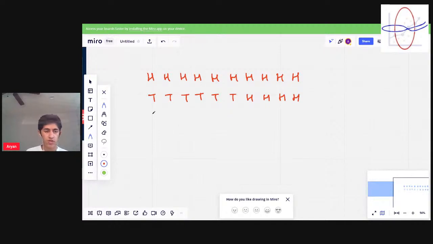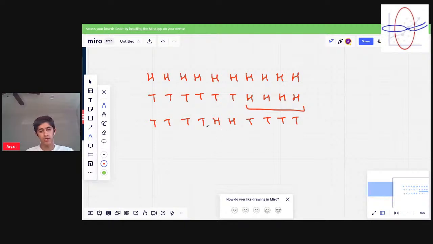So the first kind of guess might be, okay, now we take the last 4 and change those to tails. And then we pick 2 of our tails to flip to heads, right? Because if we change these 4 to tails, we also need to pick 2 other coins because we need a total of 6. So now we have 4 tails, 2 heads, and then another 4 tails, right? So 8 tails and 2 heads.